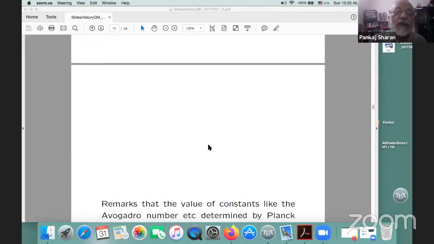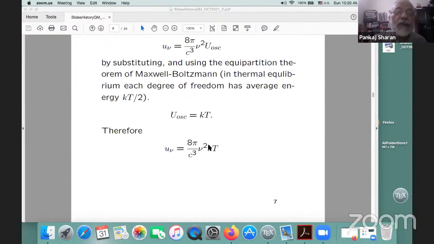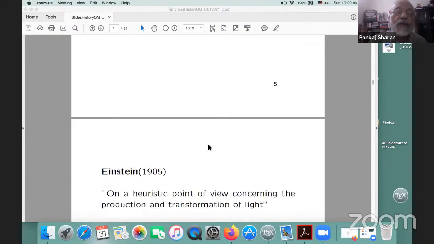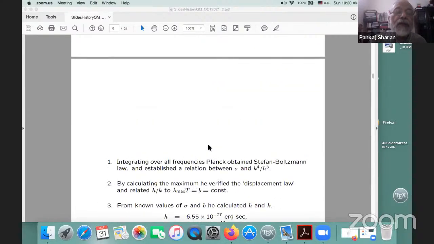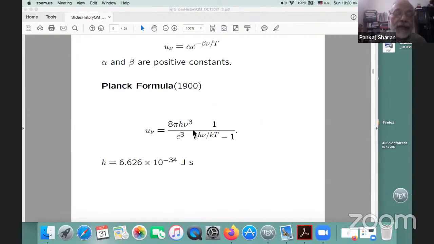Please remember that Planck's formula has two constants, one in front of it. Let me show the formula. Here it is. Okay, there is an h here and there is a k here, the Boltzmann constant. So if you take the limit when this is high, then of course h will be outside.